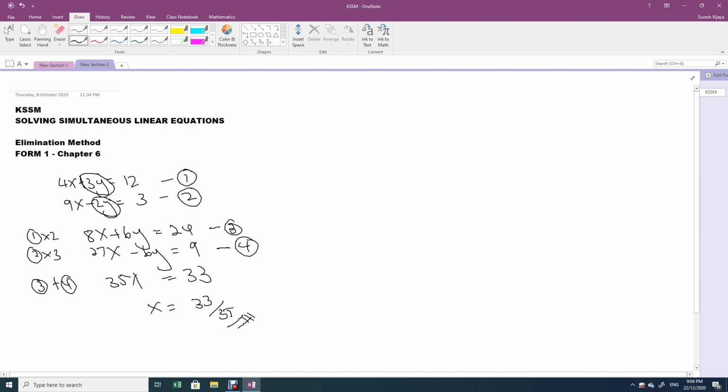What we need to do next is substitute 33 over 35 into either of the equations, you can pick. Let's say I pick equation 1, so we will have 4 times 33 over 35 plus 3y equals 12.